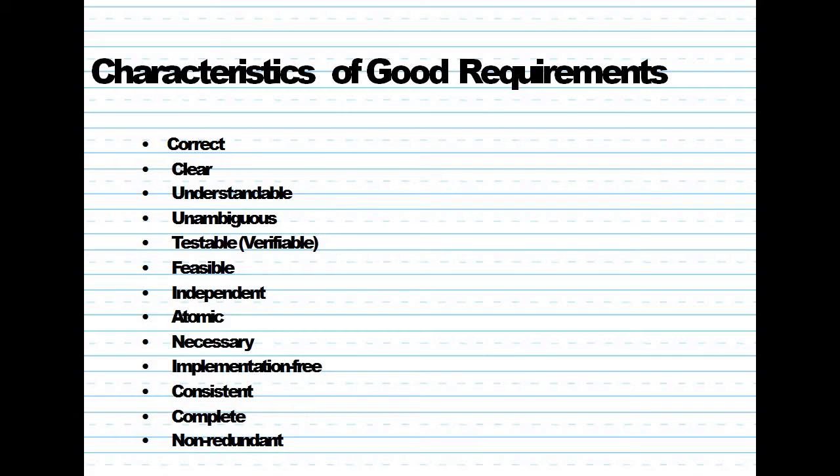It should be understandable, unambiguous. Next, testability, meaning verifiable, feasible, independent, atomic, necessary, implementation free, consistent, complete, non-redundant. So, these all are the characteristics of a good requirement.